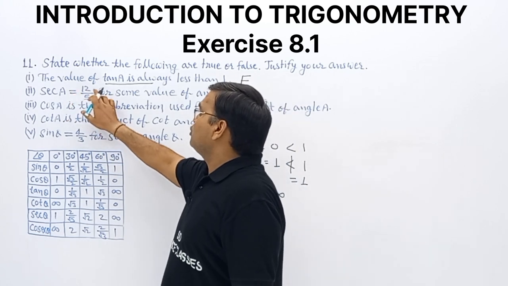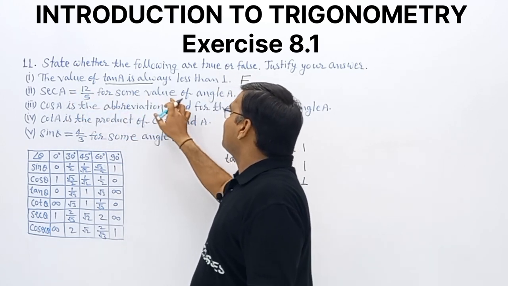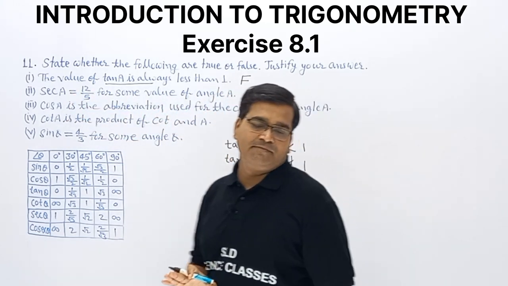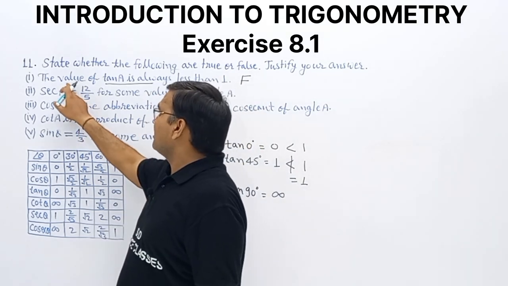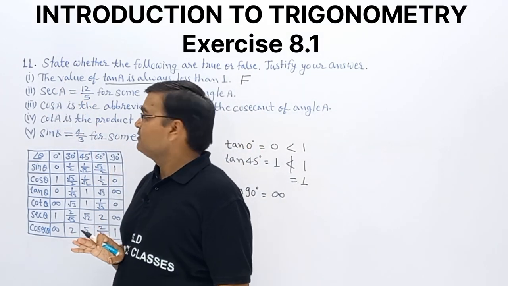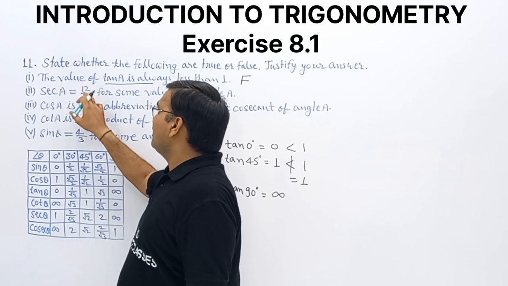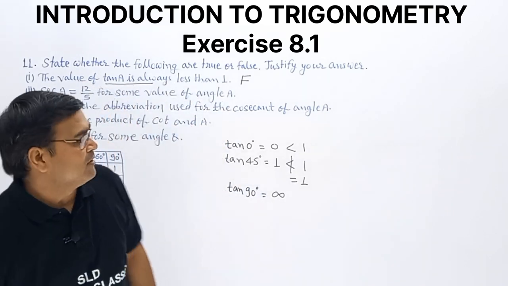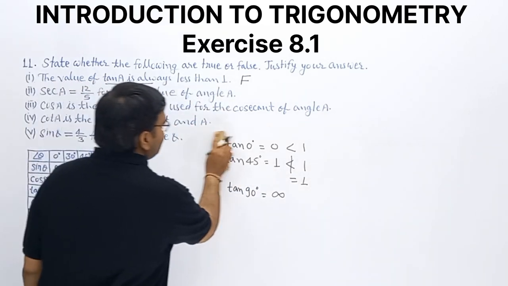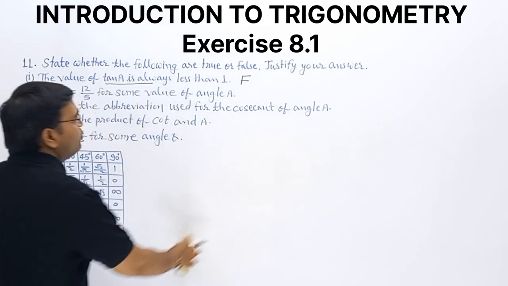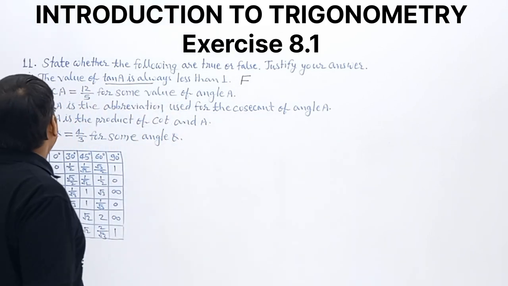Sec A equals 12 upon 5 for some value of angle A. Once we put some angle A, its value is 12 upon 5. First we will solve sec A equal to 12 upon 5.